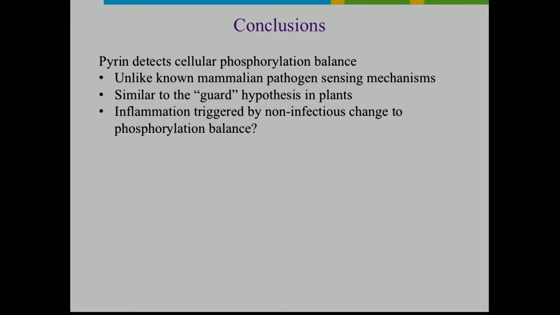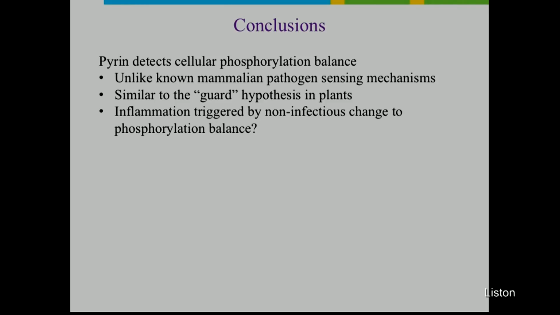This is similar to the guard hypothesis in plants, and I think the most important part of this is that it indicates that we may have a hypothetical cause for sterile inflammation that happens in sterile inflammatory diseases, such as neurodegeneration. In that case, anything that's going to be disturbing the phosphorylation or dephosphorylation of Pyrin is going to be triggering the same activation of the inflammasome as a bacterial toxin. So it will work via a sterile trigger.